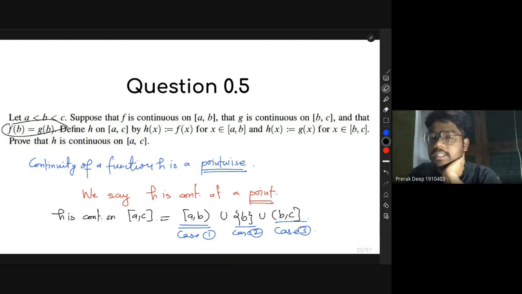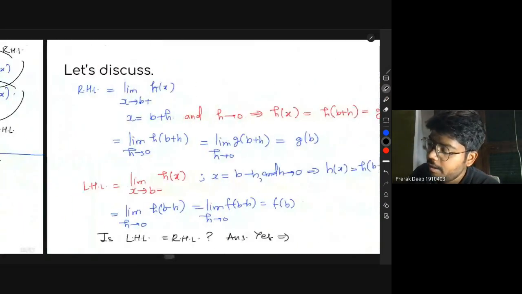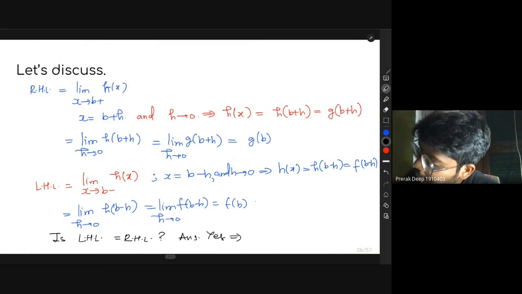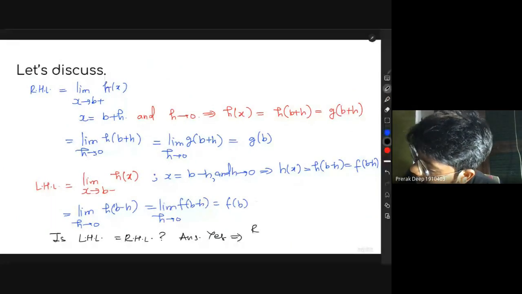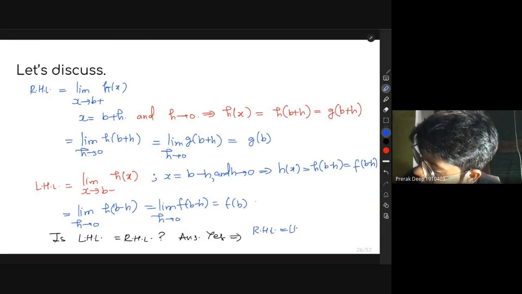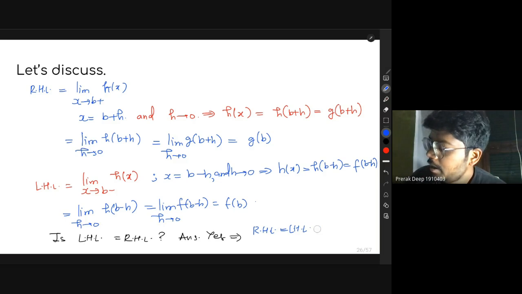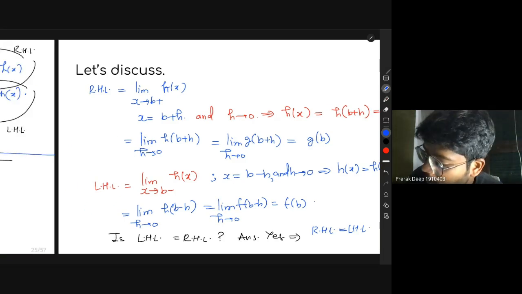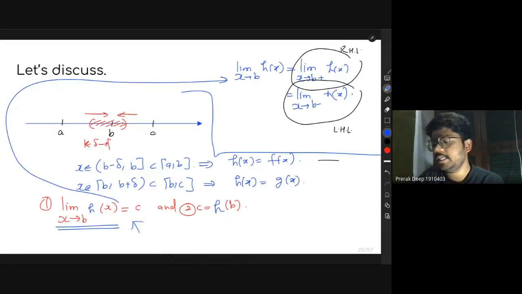With this assumption, we can apply it over here to say that this RHL is equal to LHL.